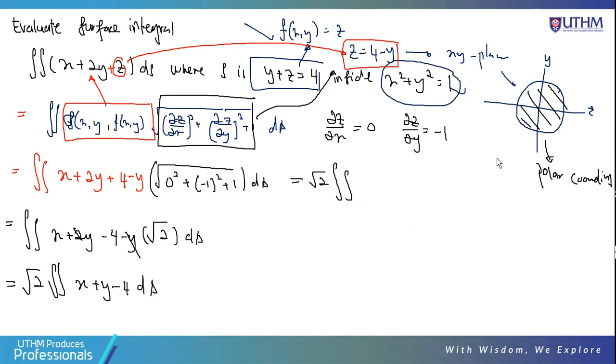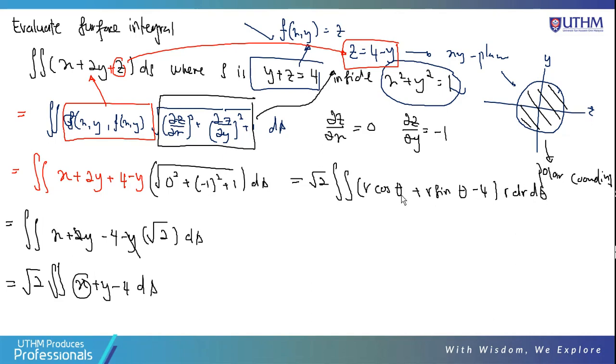Because we want to shift from Cartesian coordinates to polar coordinates, x becomes r cos theta. Okay, y becomes r sin theta. So dA can change to r dr d theta.